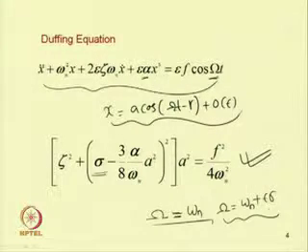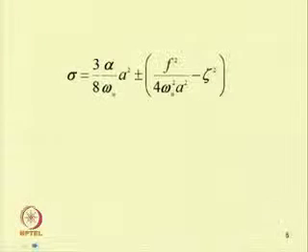In this particular case, it is easier to solve the quadratic equation in terms of sigma, and one can write it in this form: sigma equal to 3 by 8 alpha by omega n a square plus or minus (f square by 4 omega n square a square minus zeta square) to the power half.